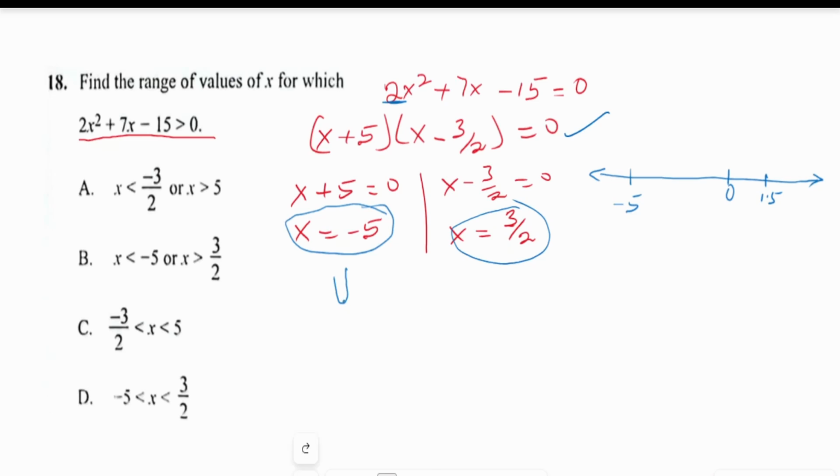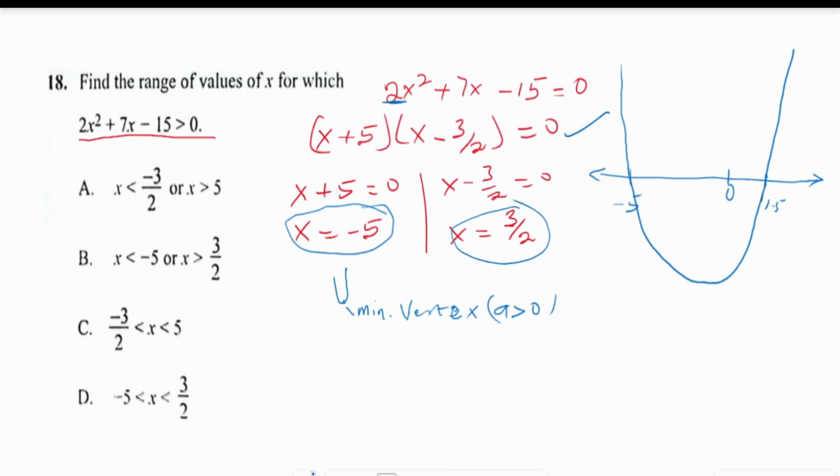So our graph has a minimum vertex since a, which is the coefficient of x squared, is greater than 0. It simply means our graph will be U-shaped and it will cross the number line at -5 and then 1.5.